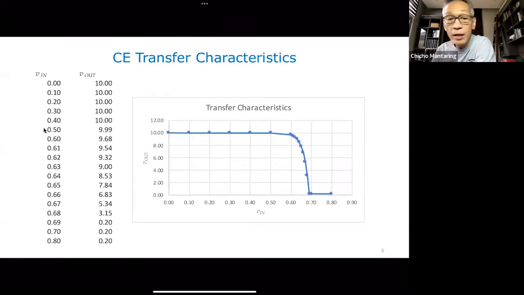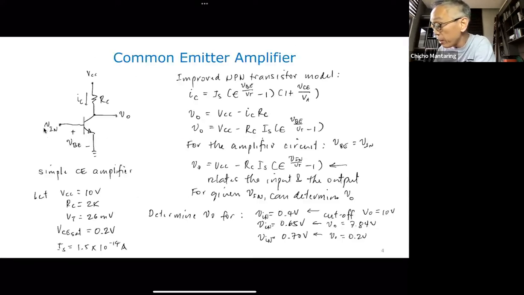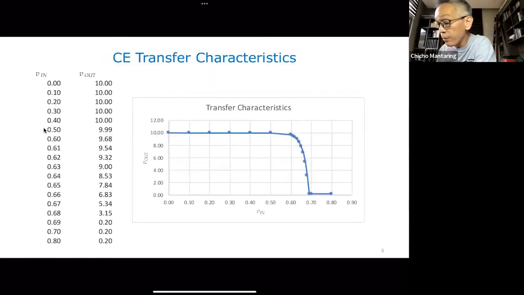This is V out versus V in for values of V in ranging from 0 volts all the way to 0.8. So the ones that I asked you to calculate, 0.4, 0.65, and 0.7, ito yan. Okay, you'll notice that from here to here, your transistor is actually cut off.